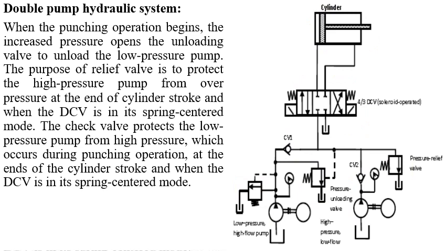Now see, during the extension stroke, what will happen when the 4/3 DC valve is shifted to the left mode? It is connected like this. When the 4/3 DCV is shifted to the left mode, the oil flows from the low pressure pump through check valve 1 to the blank end of the cylinder.